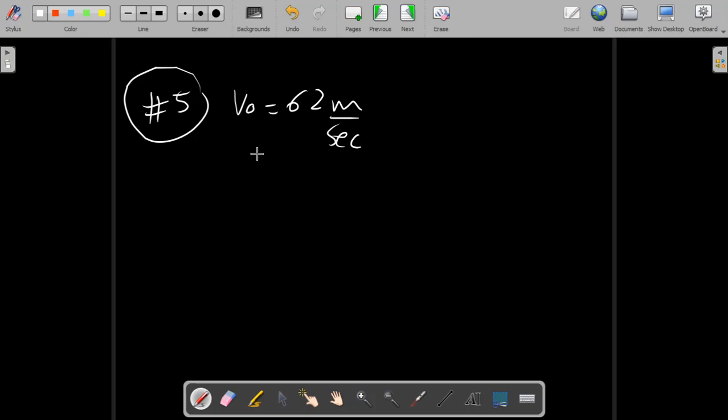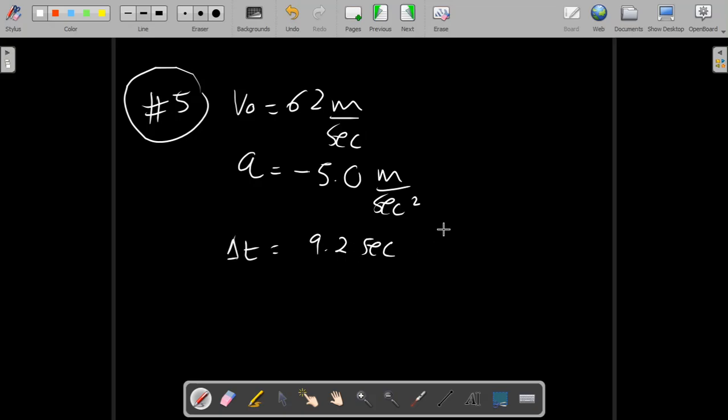And accelerates. The acceleration is also given to you. It's a negative acceleration, means it's deaccelerating, meters per second square. And the time that it takes the car to do that is 9.2 seconds. Okay, that's the information for this problem. And they're asking for the final velocity.